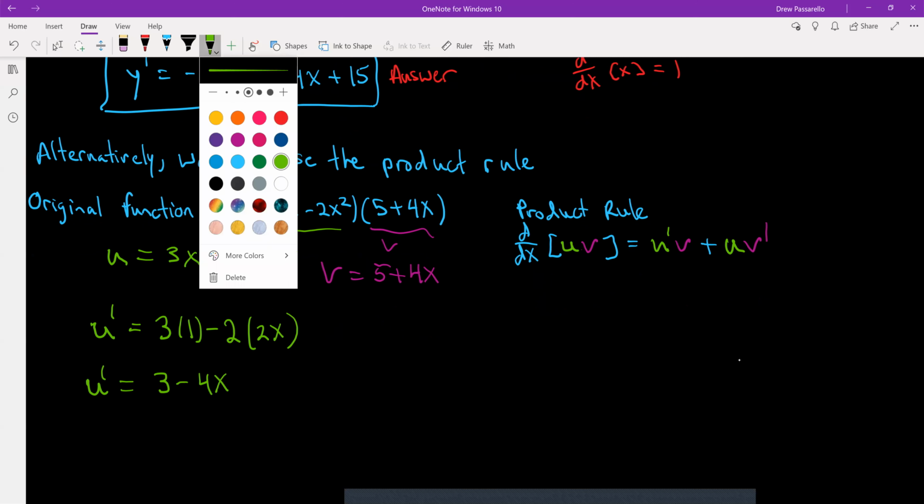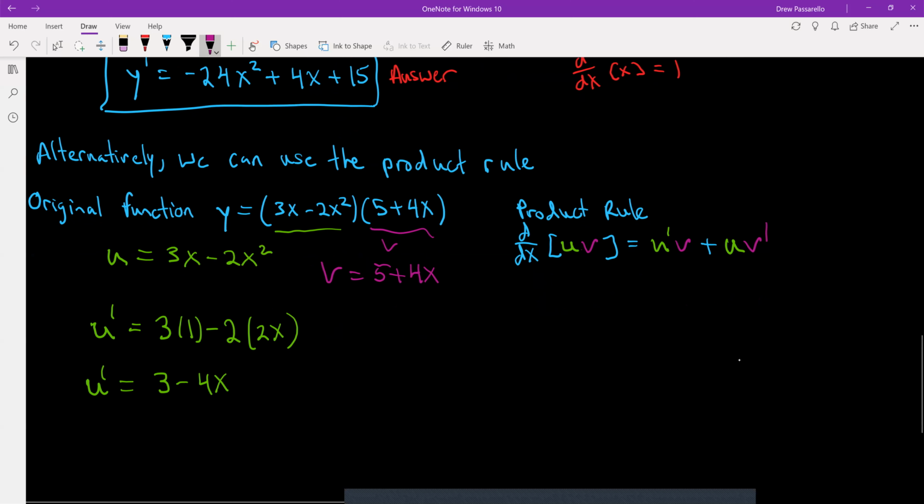Now for v, taking the derivative of 5, that's 0 because that's a constant. So it'll be 0 plus 4 times the derivative of x, and the derivative of x is 1. So it'll be 0 plus 4 times 1. So v prime is 4. So I'm going to circle the things that we're going to use and plug it into the product rule formula.